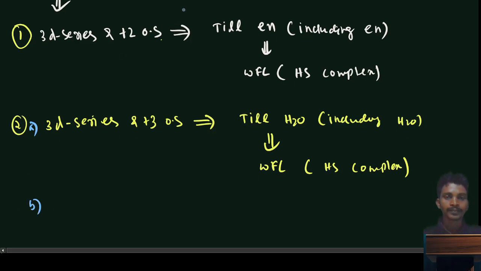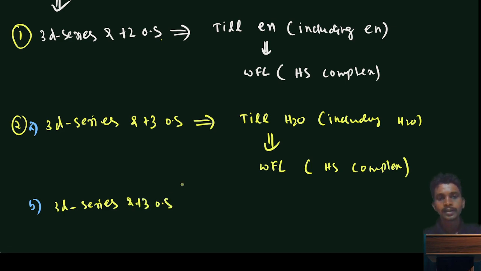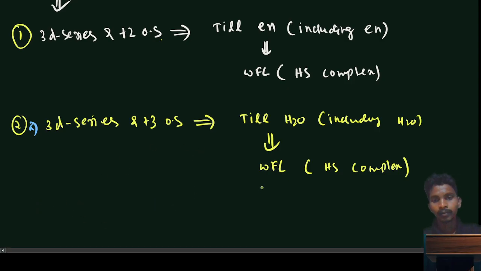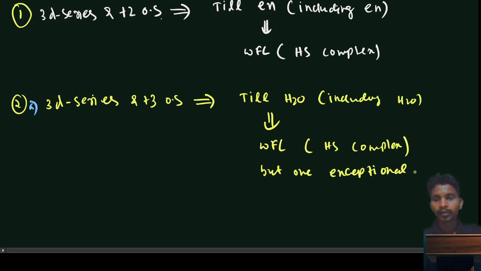Case B: the 3D series and +3 oxidation state. The exception, which I can write directly here, is cobalt 3 plus.